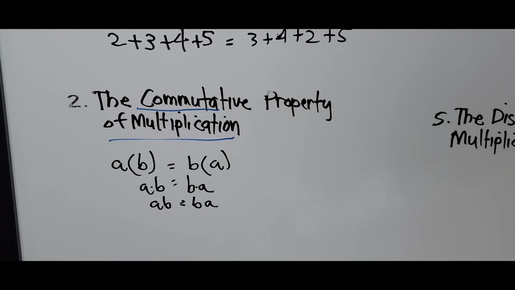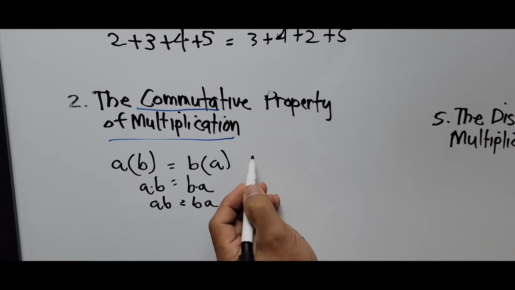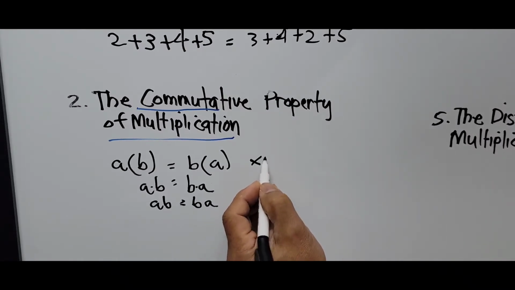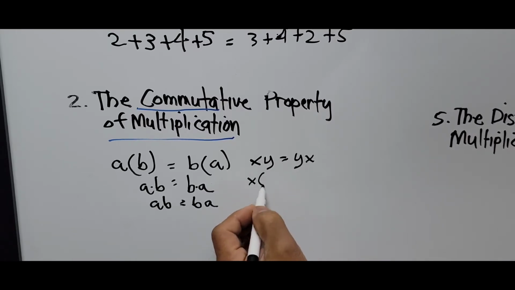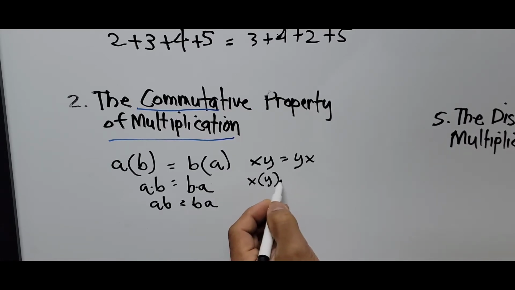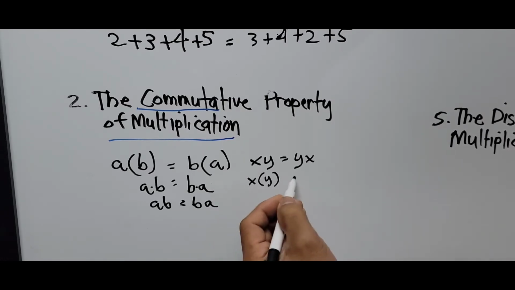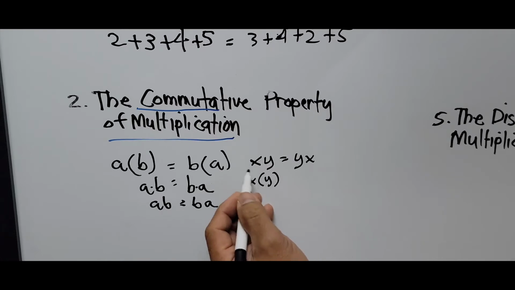So in algebraic expression, you can say over here x times y is equal to y times x. Putting a bracket or parentheses on there is really unnecessary. So you can do it also, but normally it's written as x and y without the parentheses.